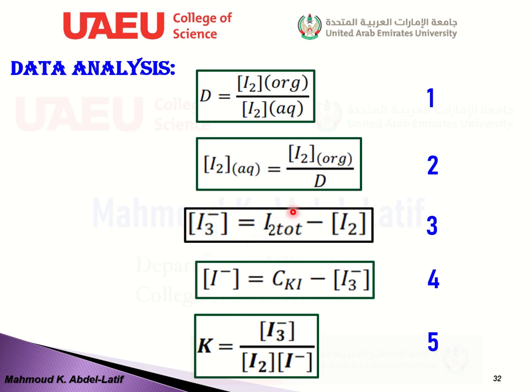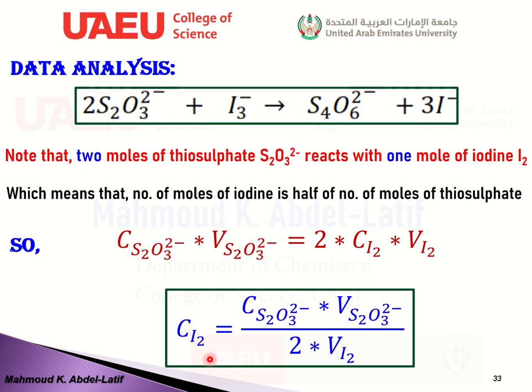You got the total iodine in the second part, just subtract from it the concentration of iodine aqueous one. The remaining potassium iodide is just the initial concentration you already started with, 0.15, minus triiodide. Then apply in the equilibrium constant expression, and you can calculate the equilibrium constant.